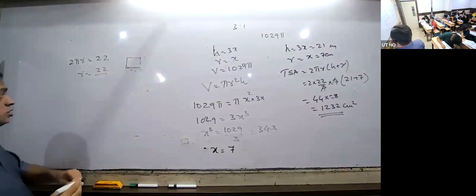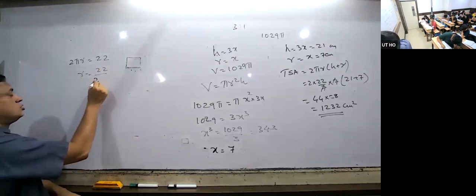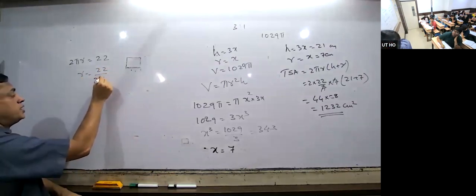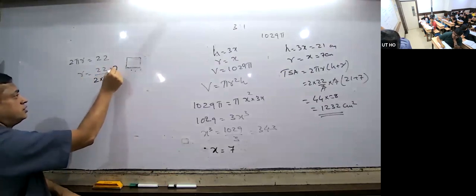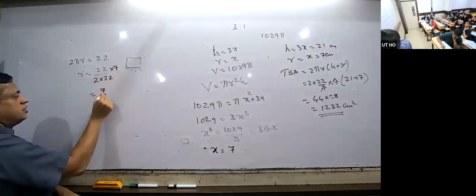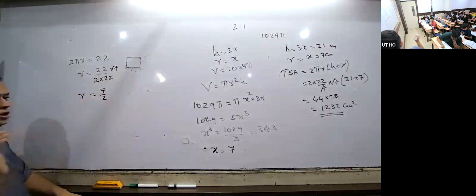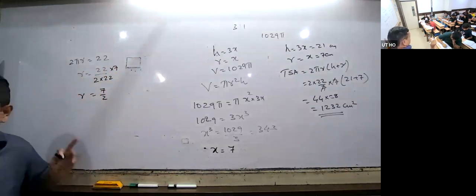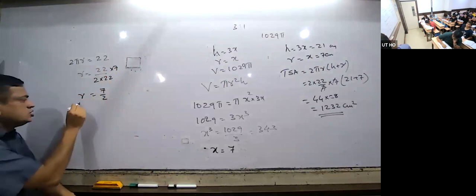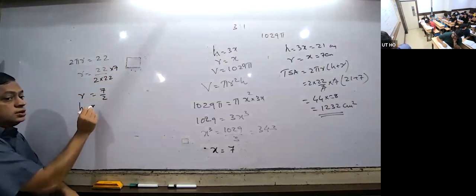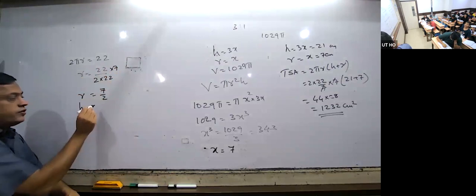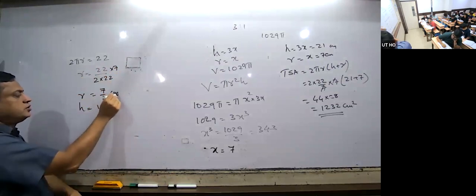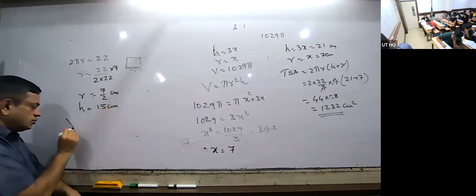Therefore, 2 pi r is equal to 22. Therefore, r is equal to 22 by 2 pi, which is 22 times 7 by 2 into 22, that is 7 by 2. No need to make any decimal, keep it as a fraction, because it's not the final answer. And height is equal to the other side. What is the height? The other side is 15 centimeter.